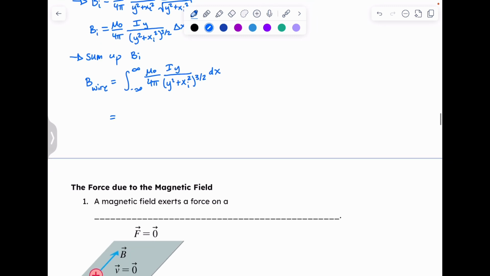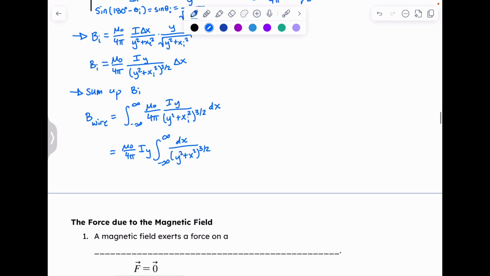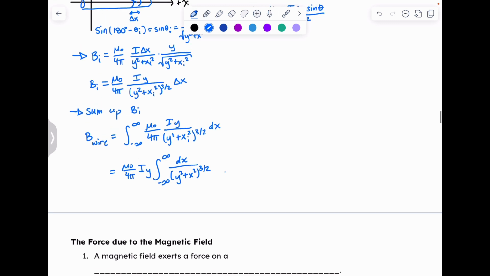Let's pull all of our constants out front. So mu naught over 4 pi times I y, integral from negative infinity to infinity of dx over y squared plus x squared to the 3 halves. This type of integral you really don't want to do by hand. You would want to look it up in an integral table. So look up in table.